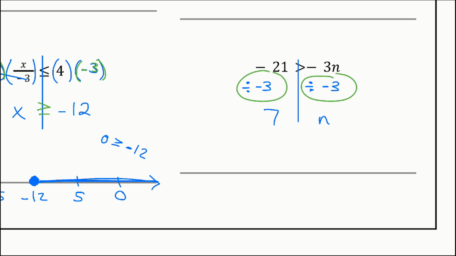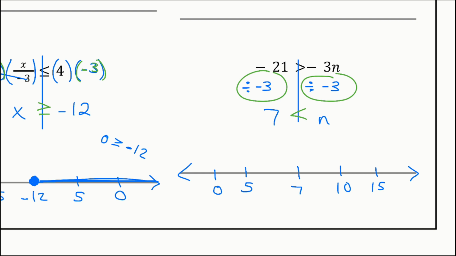So instead of it reading greater than, it will read less than. All right? Setting up the inequality, our solution is at 7. About 10, 15, about 5, 0.